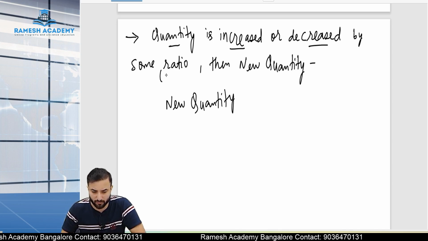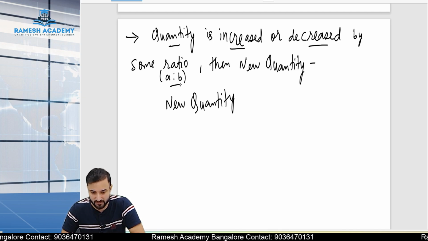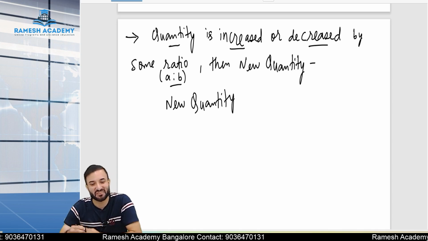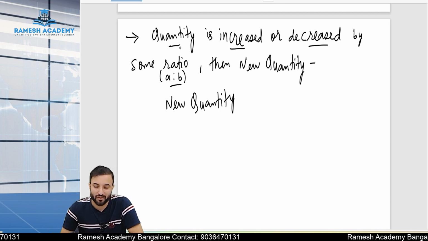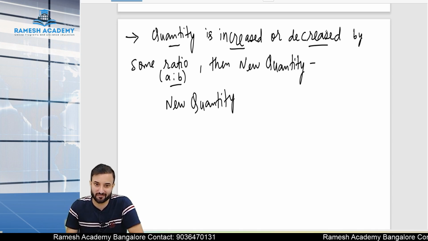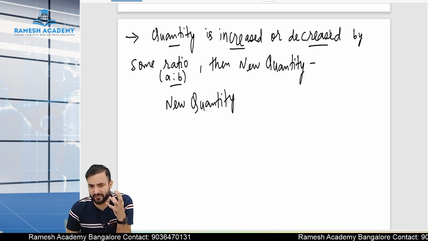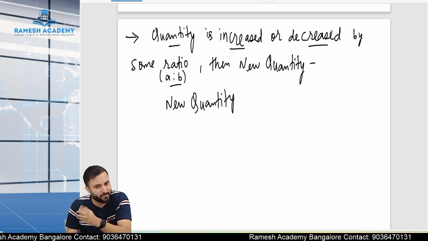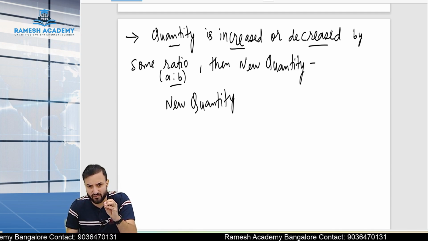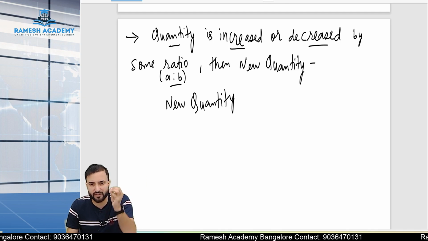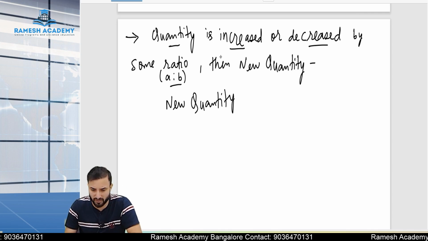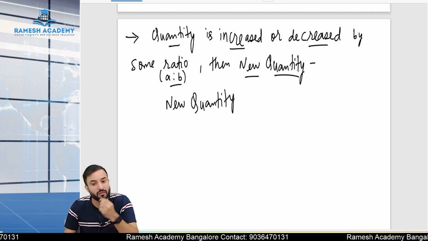Let us suppose we take the ratio given as A is to B. Here we are not taking X is to Y. So quantity is increased or decreased. Let's suppose any quantity is given. Either that quantity can be increased or decreased by some ratio A is to B, then you have to find the new quantity.